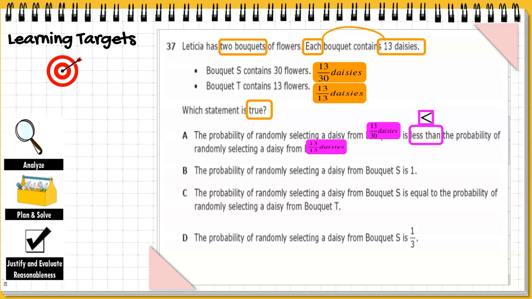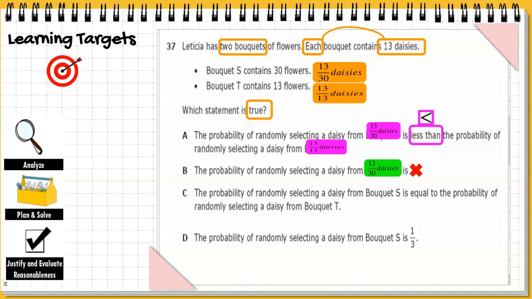Let's look at B. The probability of randomly selecting a daisy from bouquet S is 1. Well, let's annotate. Bouquet S has 13 out of 30 daisies. That is not a whole. 30 out of 30 would be 1. So what makes this wrong is that either I'm looking at the wrong bouquet or it's not 1.